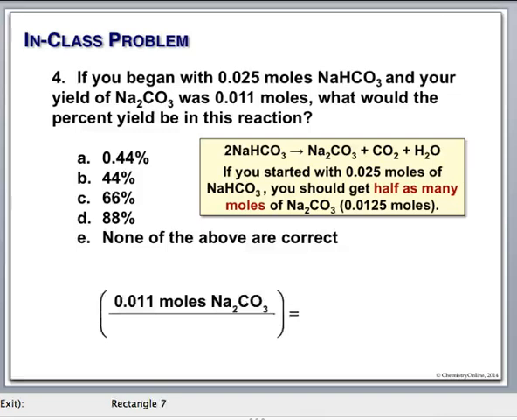So to calculate our yield, this is our actual yield here. That's our 0.11 moles, 0.011, right? That's the actual yield. Our theoretical yield is going to be half of this value, which is 0.0125.